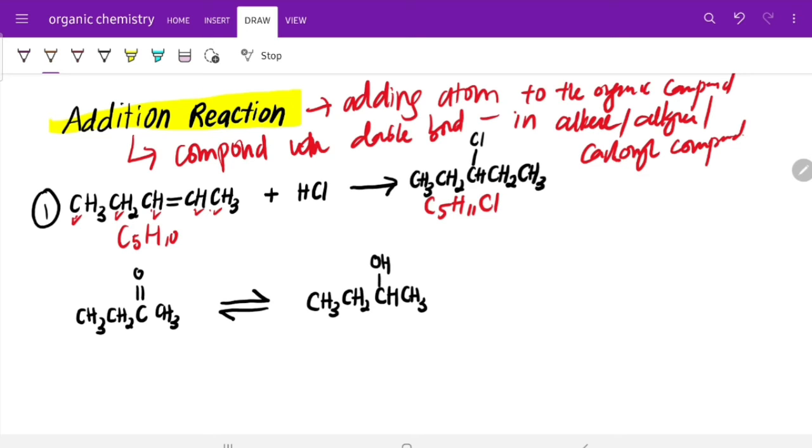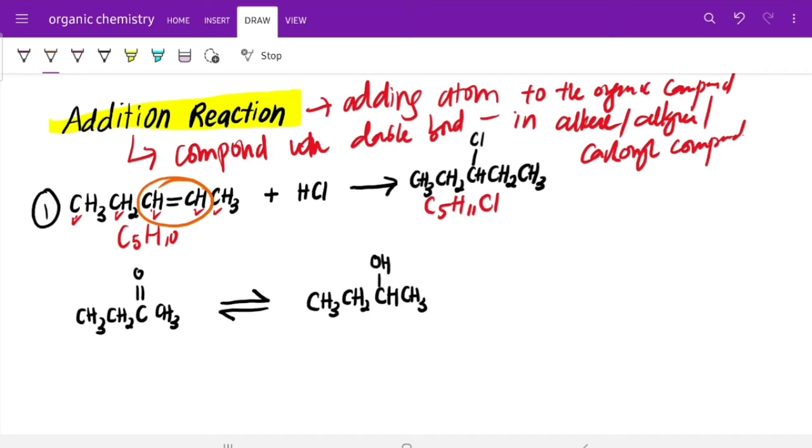Next you need to identify whether this addition reaction is an electrophilic addition reaction or a nucleophilic addition reaction. First we need to find out whether this C double bond C in your alkene is a nucleophile or an electrophile center. This carbon-carbon double bond is an electron-rich center.